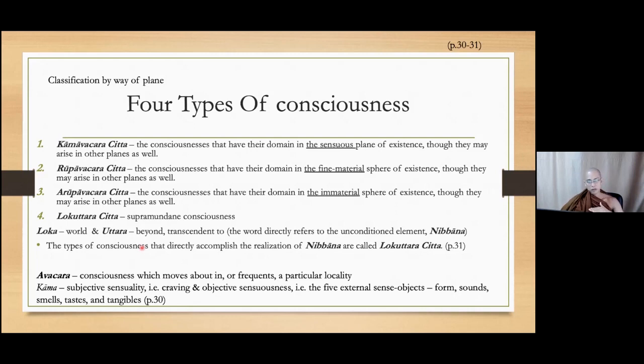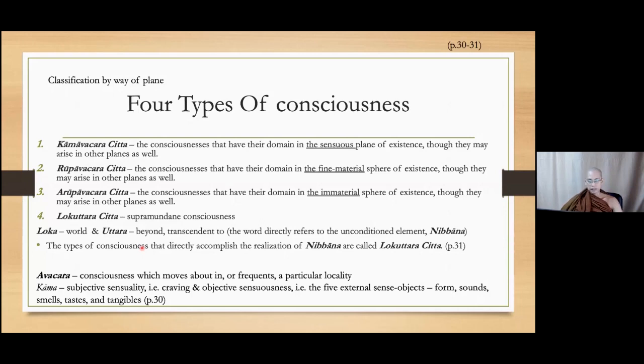The lowest classification is the Kama Vachara or Kama, 11 Kama sense spheres, the sense sphere plane of existence. And if we go up, there are the 5 material spheres, called Rupa Vachara Loka, Rupa Bhumi.